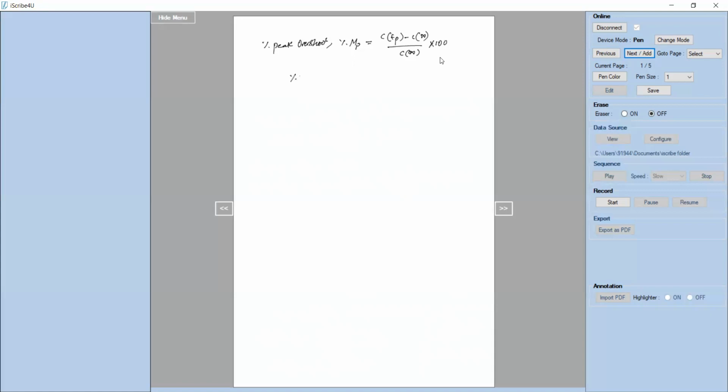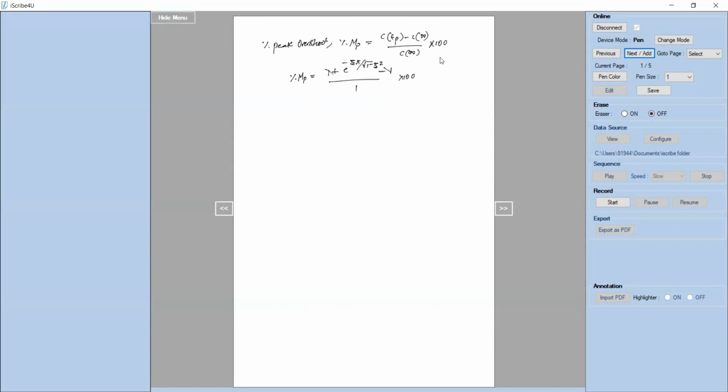So I'll be substituting now for C of Tp. C of Tp is 1 plus e power minus zeta pi divided by square root of 1 minus zeta square. And what is C of infinity? It is equal to 1, and in the denominator we have 1, so this and this get cancelled.